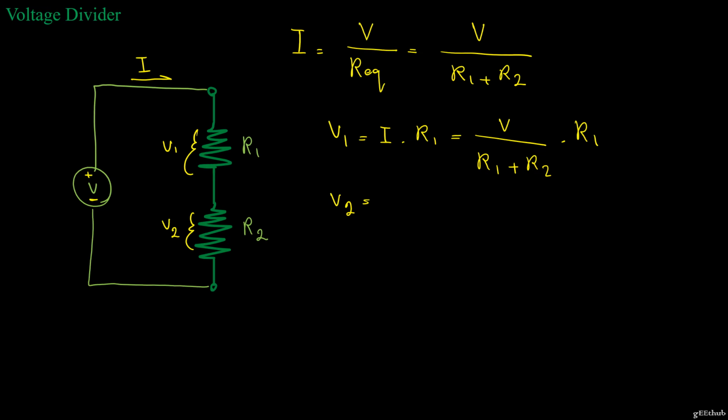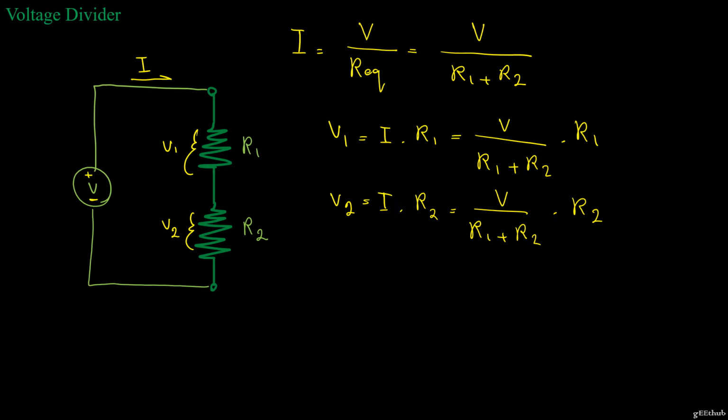And similarly, V2 is going to be I times R2, which is V over R1 plus R2 times R2. These two equations are what's known as the voltage divider equation.